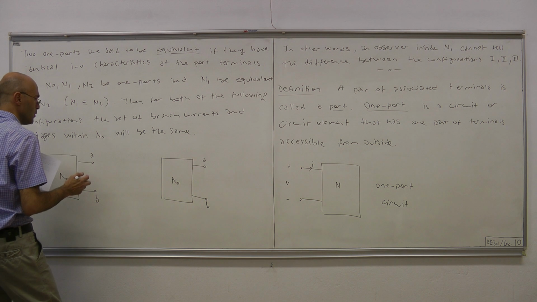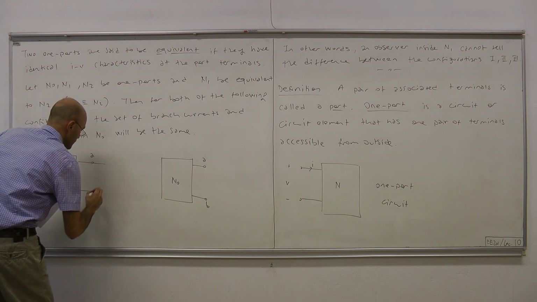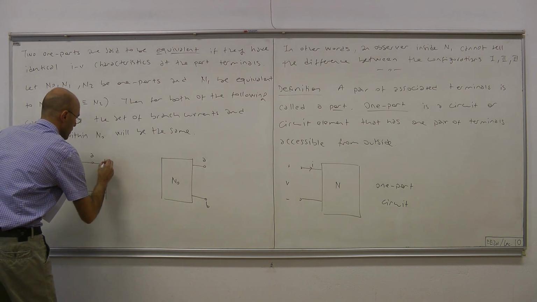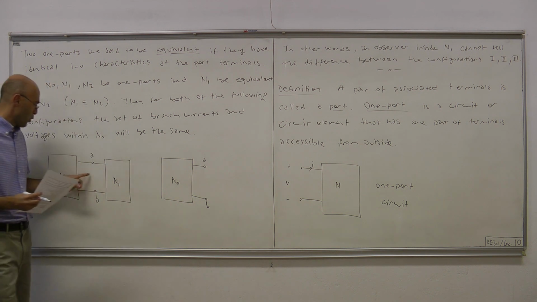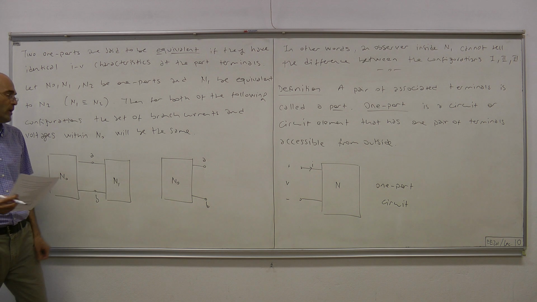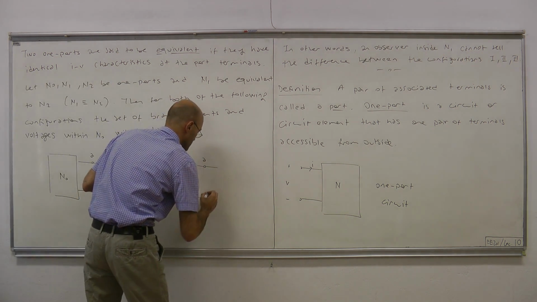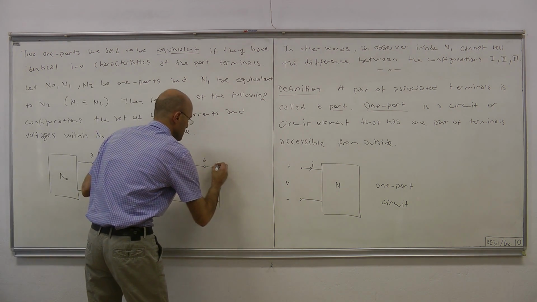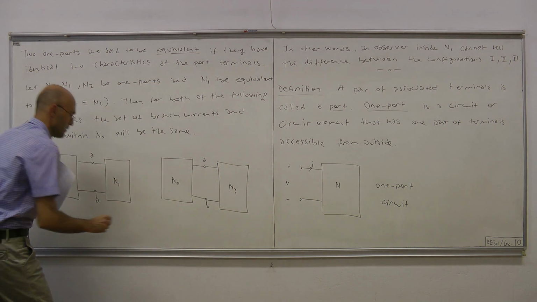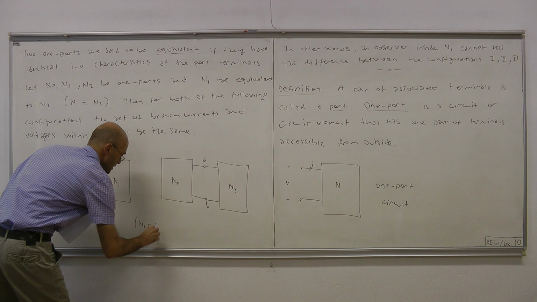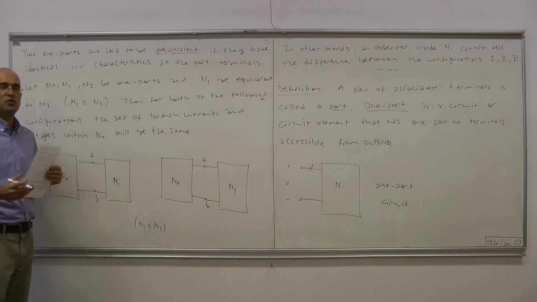So if N1 and N2 are equivalent, then in the first configuration, you connect N0, N1, and then here you connect N0, N2. Okay. And N1 is equivalent to N2.